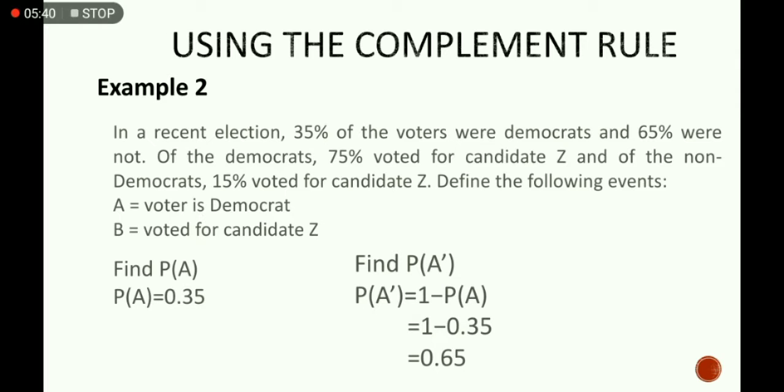Para mahanap yung probability ng complement ng A is equal to 1 minus P of A, which is 0.35. So, subtract nyo lang yung 0.35 sa 1. And you will get 0.65. So, that's the answer para sa probability ng complement ng A, which is 0.65.